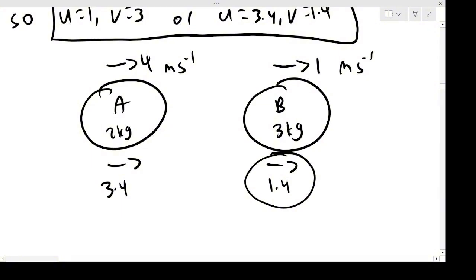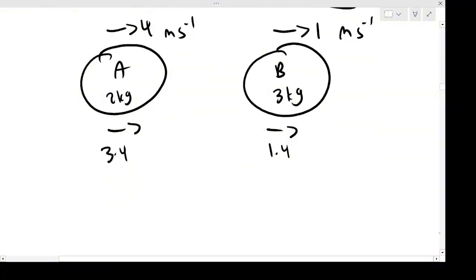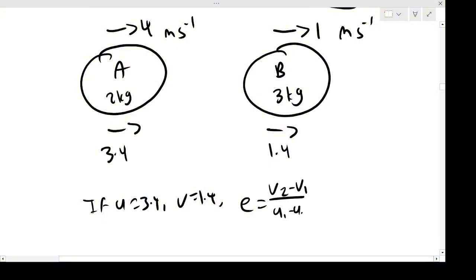Now, if you're not convinced by that, you can do it in a mathematical approach. Let's consider e. We could also rule out the solutions more rigorously, more properly, by just considering e. Again, if I took these values, if u is 3.4 and v is 1.4, you can see that this couldn't possibly be true, because if I calculate e here, e is v2 minus v1 over u1 take away u2.